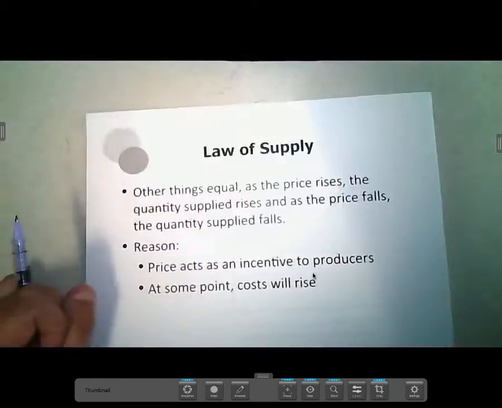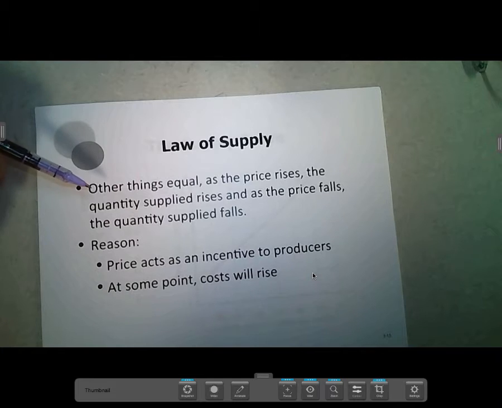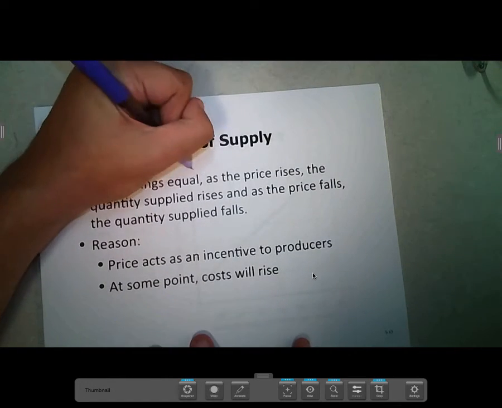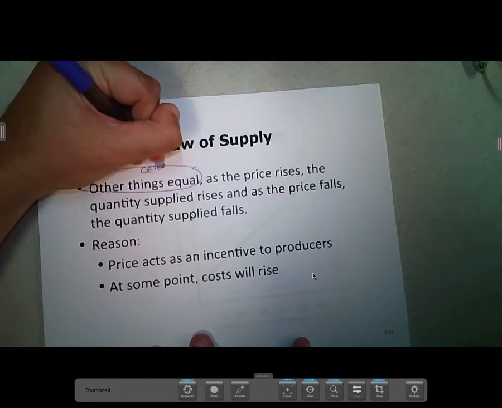For the law of supply, what's happening is that as the price changes, people sell more or less of it based only on that variable, other things being equal, or ceteris paribus.